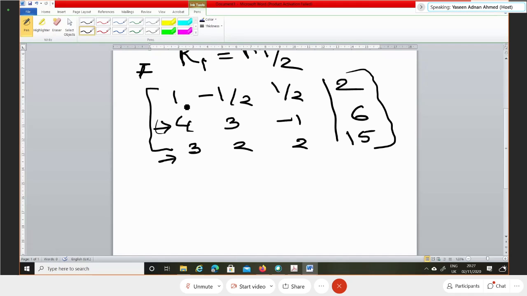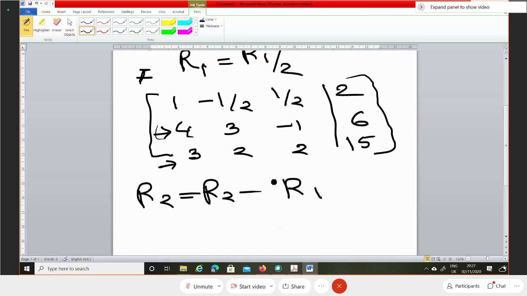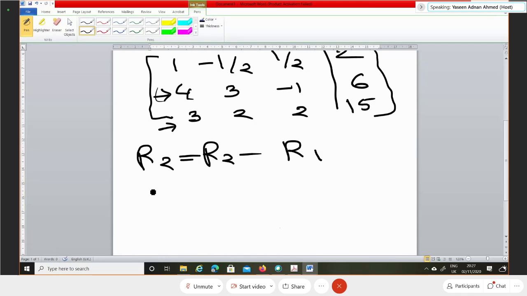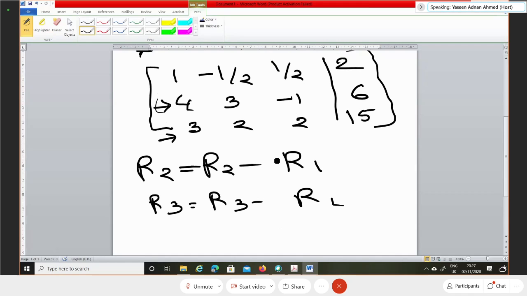So how do we write it? We will change row 2. New R2 will be R2 minus R1, and new R3 will be R3 minus R1. You can see there is a gap, we need some coefficient.